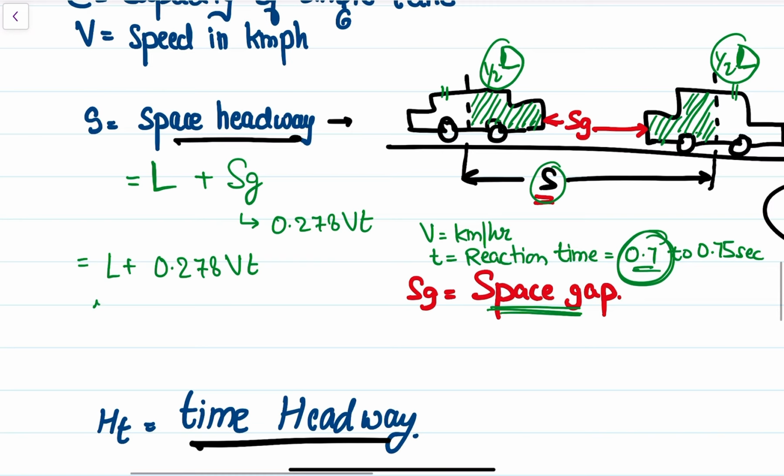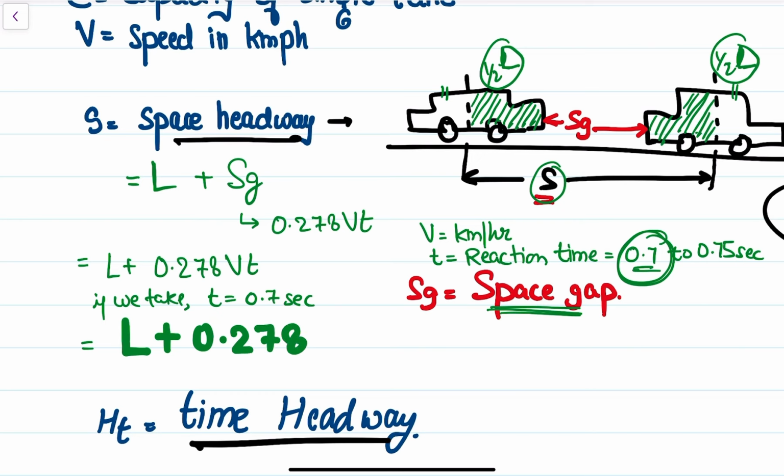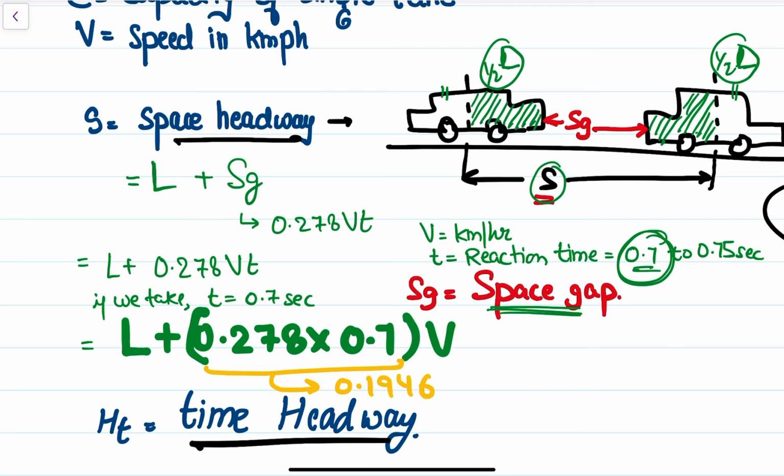So if we take T equals 0.7 seconds, the space headway will be L plus 0.278 into 0.7 into V. If you multiply this, it comes out to be 0.1946, which we can take as 0.2.